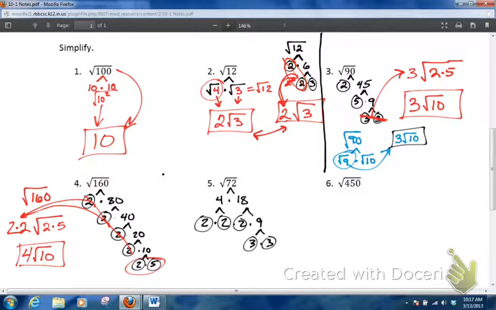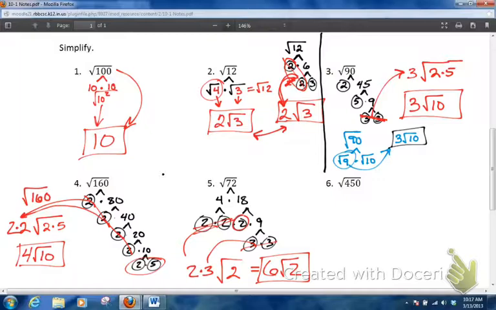And now I pull my pairs out and leave my non-pairs in. So there's a pair of 2's, comes out as a 2. There's a pair of 3's, comes out as a 3. The only thing that was not paired was a 2. So final answer here. 2 times 3 is 6 root 2. 6 square root of 2. Final answer.